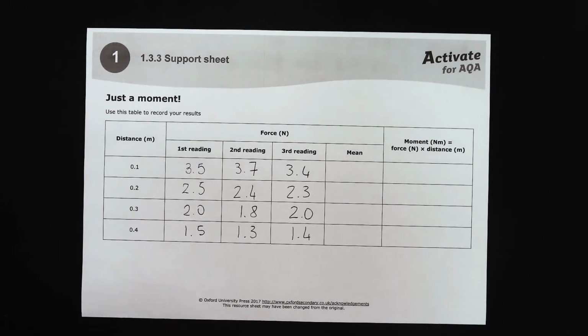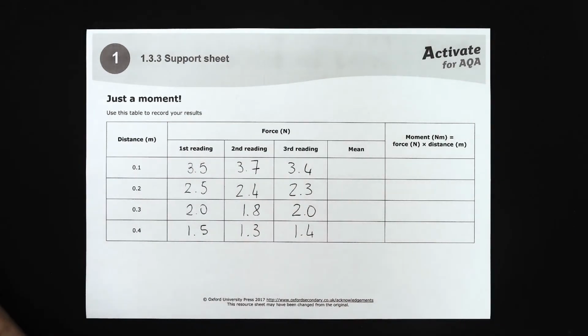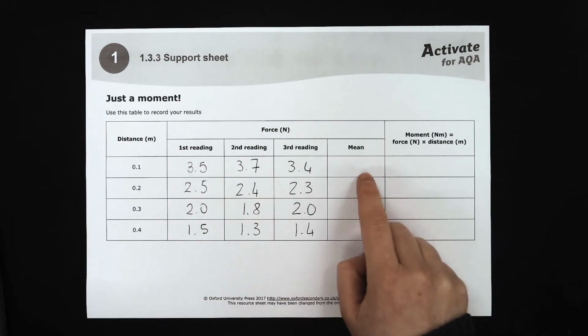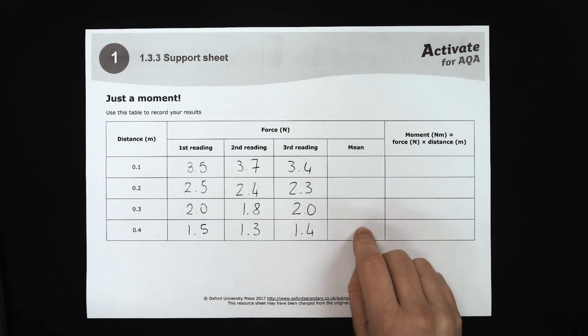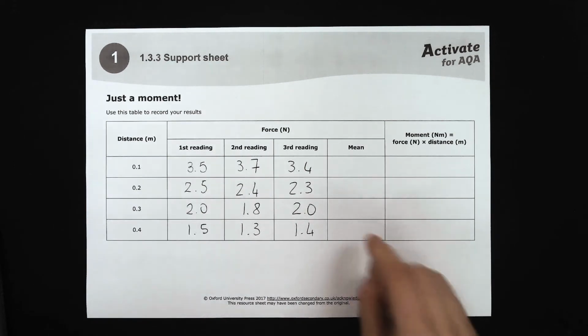let's calculate some means now. Okay, so you can get your calculator out and you can use it to calculate the mean. I want you to pause this video, try to do it yourself and calculate the mean here and then see if you got the right results.